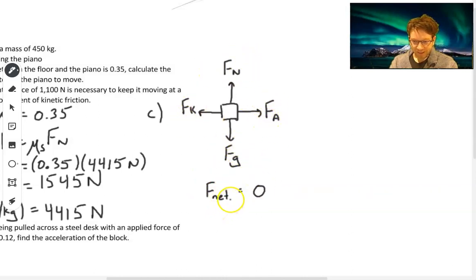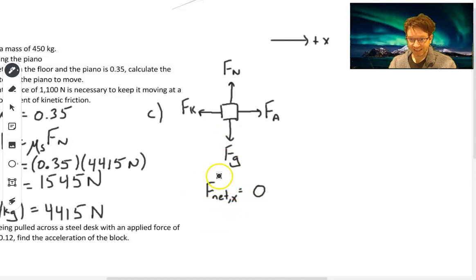But we can be specific and say the net force in X, or in our horizontal component, where we will make to the right to be our positive X direction. And just like when we did projectile motion, we can completely separate the motion horizontally with the motion vertically. We can do that with Newton's second law as well. We can completely separate horizontal and vertical forces and apply Newton's second law to each.